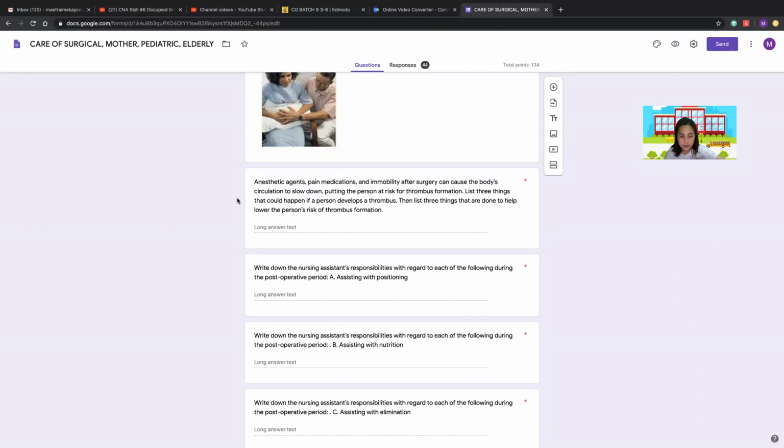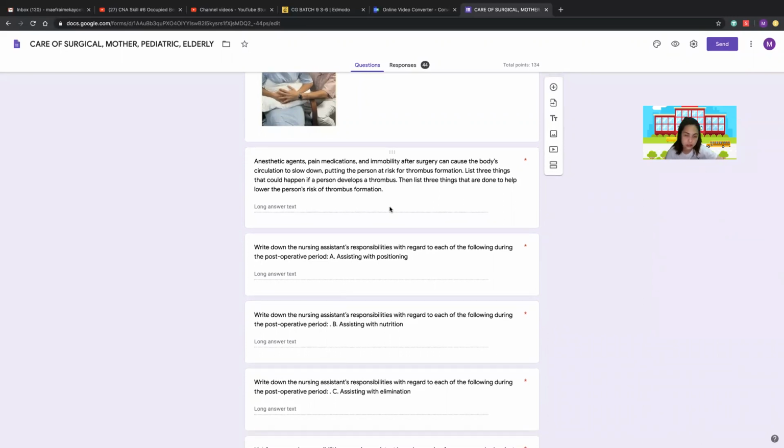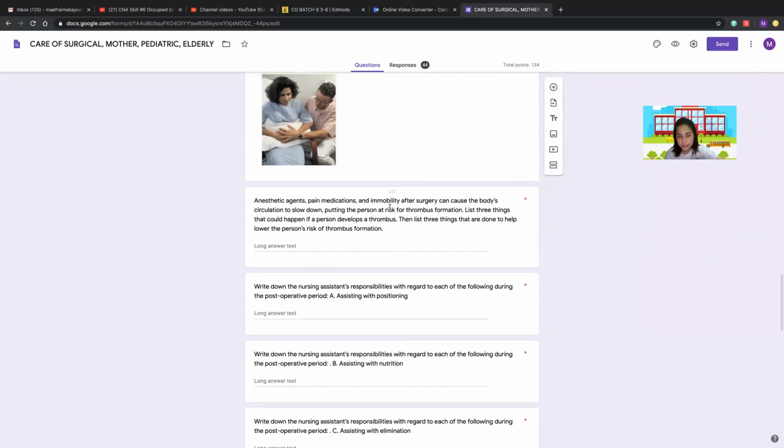Anesthesia agents, pain medications, and immobility after surgery can cause the body's circulation to slow down, putting a person at risk for thrombus formation. So list 3 things that could happen if a person develops thrombus. He can have stroke, myocardial infarction, DVT, or pulmonary embolism.